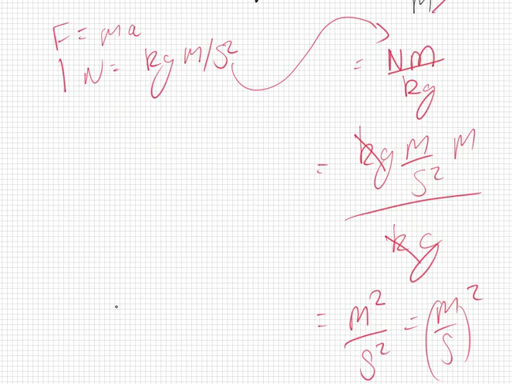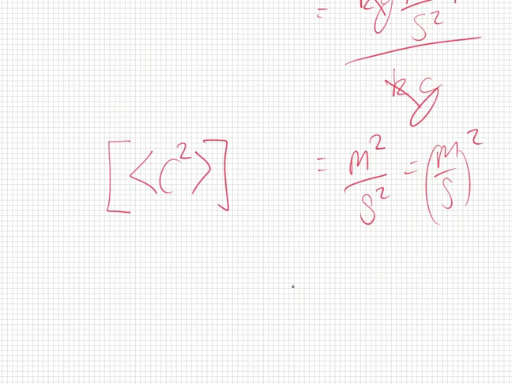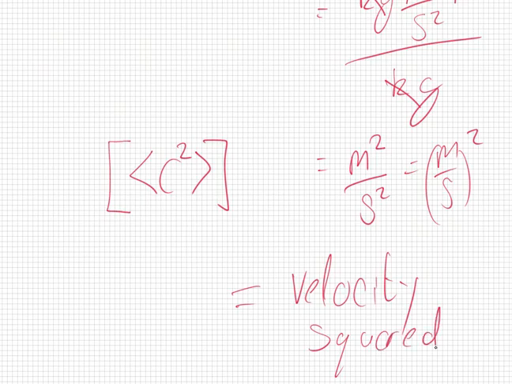So the units of this c squared thing is meters squared per second squared. What's meters per second? Velocity. So this looks like it's velocity squared. In fact, what it represents is the average velocity squared of the particles in the gas.